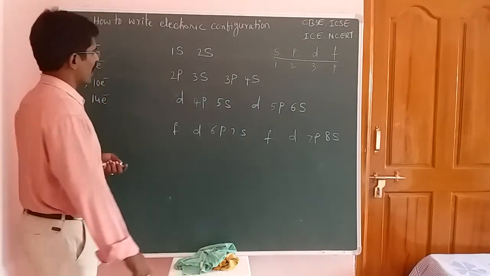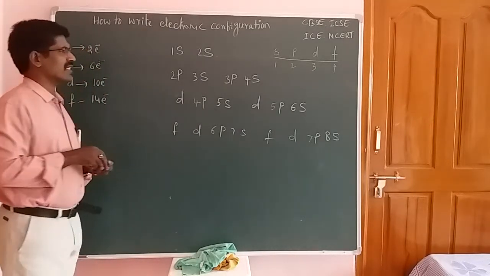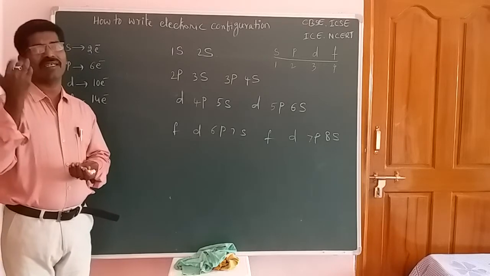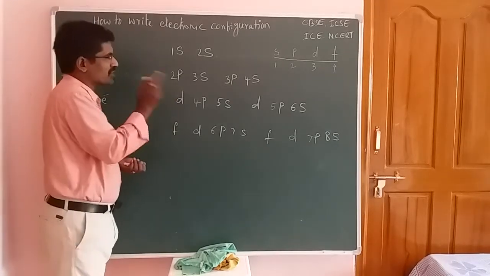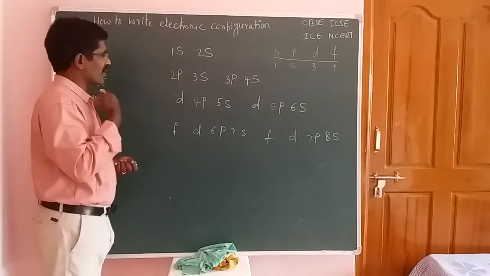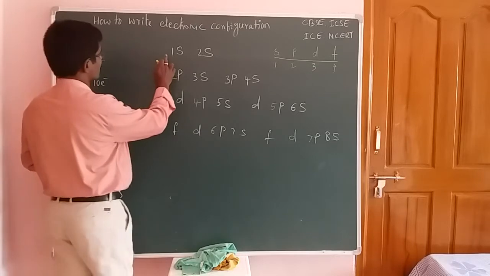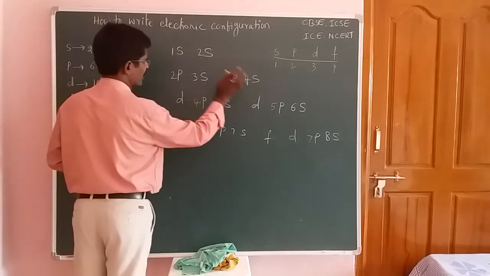And the next one, we go to the d orbital. We know already the d orbital starts from the third energy level. So for the first d, we give 3. In the first energy level there is no d orbital, students. In the second energy level there is no d orbital, students.